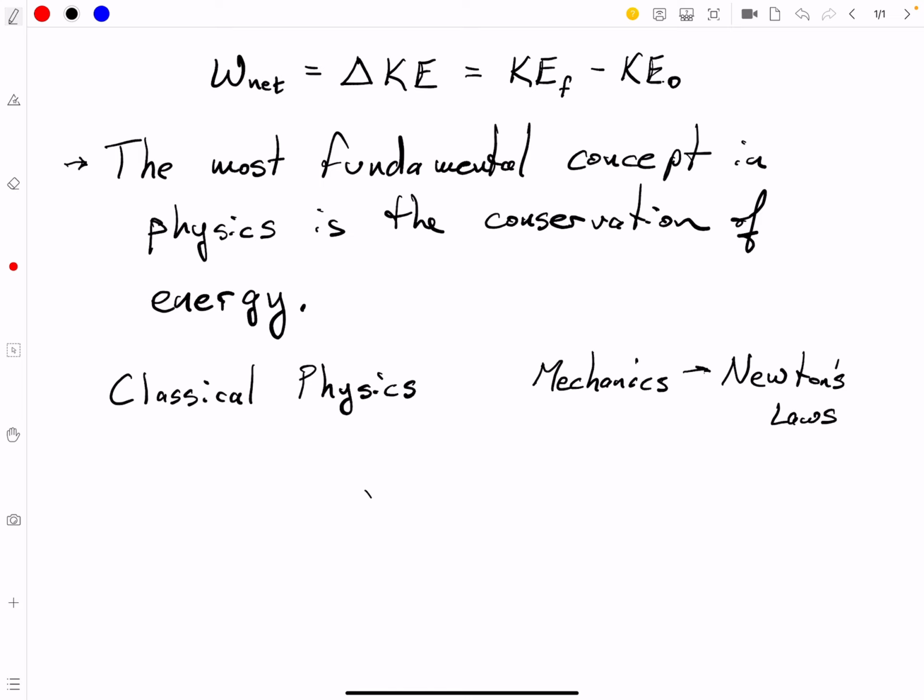Well, classical physics also includes the electromagnetic mechanics and the laws that go along with that.